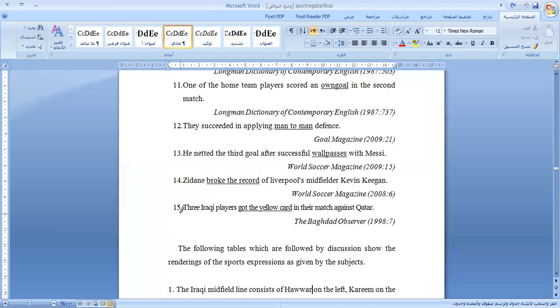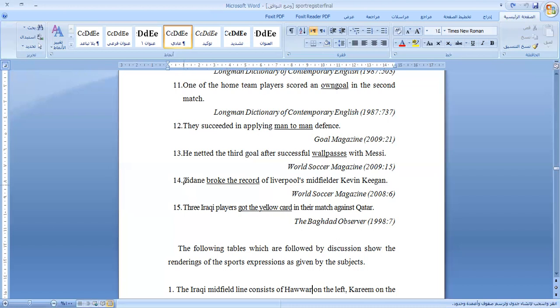But if this literal rendition doesn't give us a comprehensible and acceptable meaning, in this way we can rely on another translation strategy, which is free translation. So for sentence 15, the literal translation of yellow card gives me the meaning, so I can adopt it as the translation.